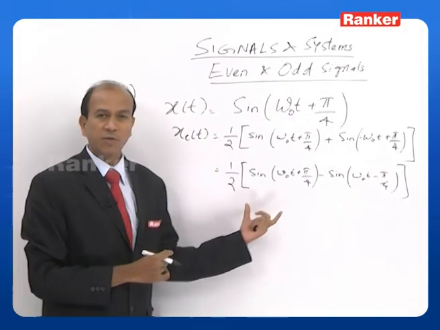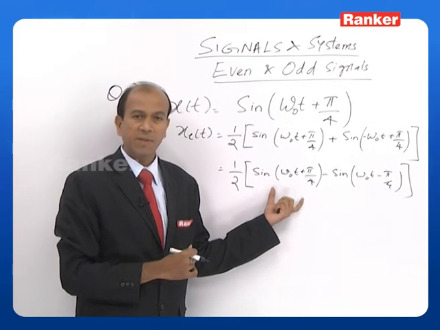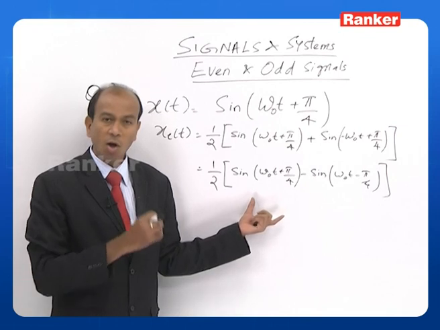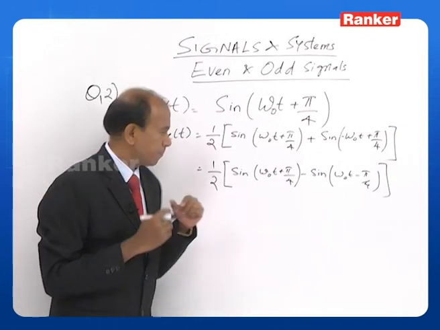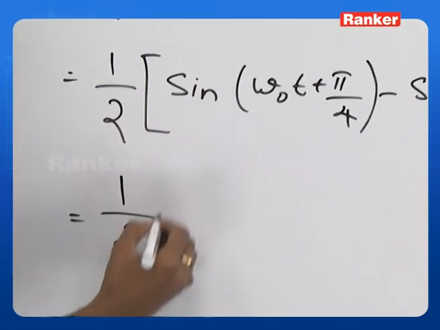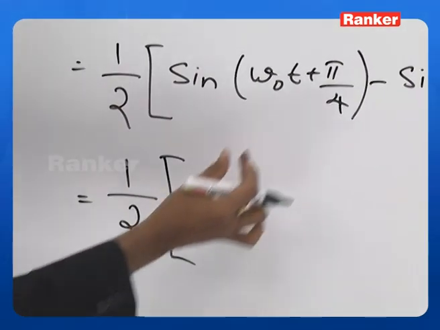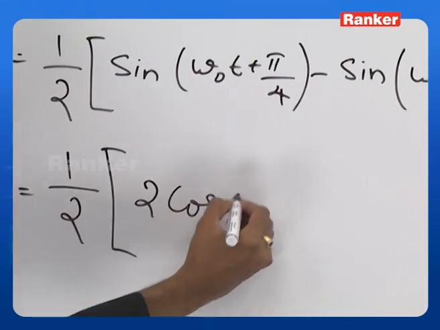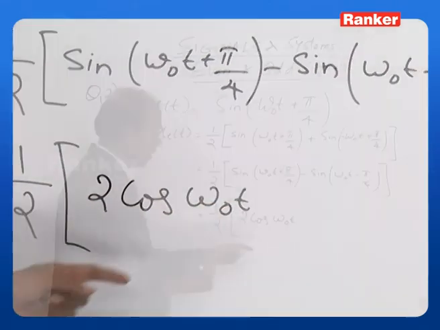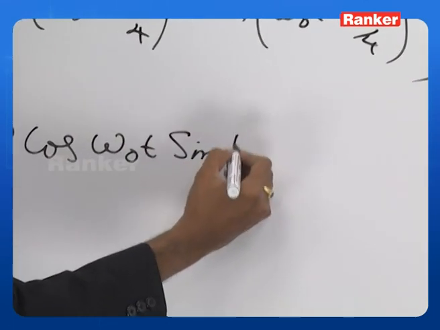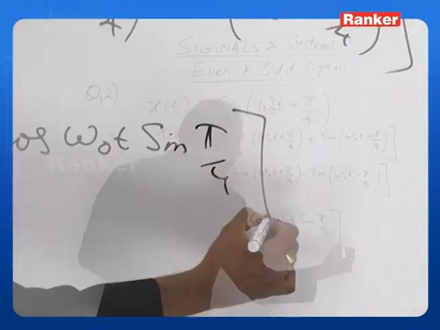Okay. So, if we look at this formula, this represents sine of a plus b minus sine of a minus b in trigonometry. So, this is equal to 2 cos a sin b. So, then using that identity we will write this. Here this is a for us and this is b for us. So, it is 2 cos of omega naught t, 2 cos a sin b, so this will be equal to sin pi by 4.